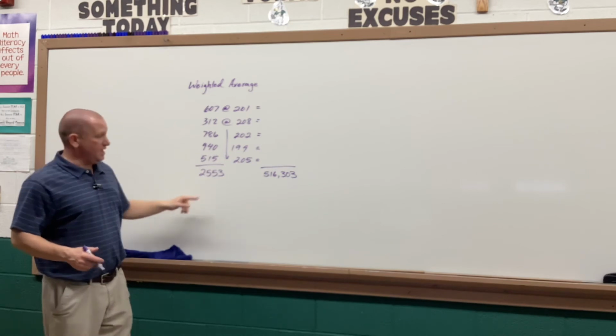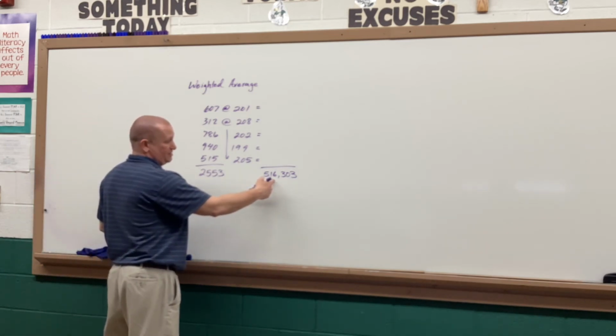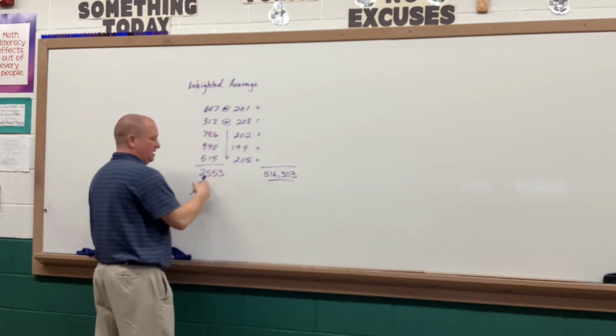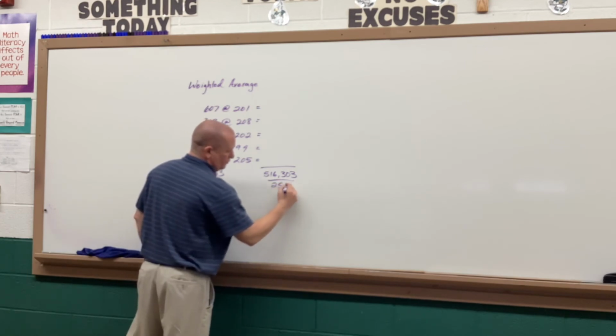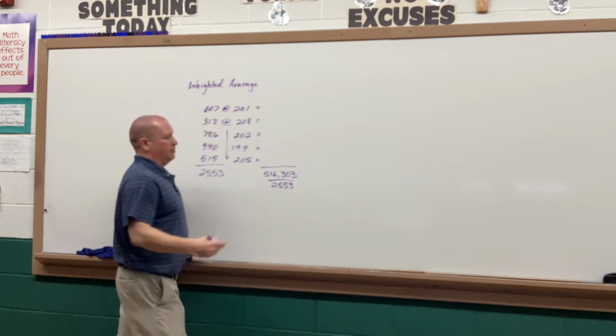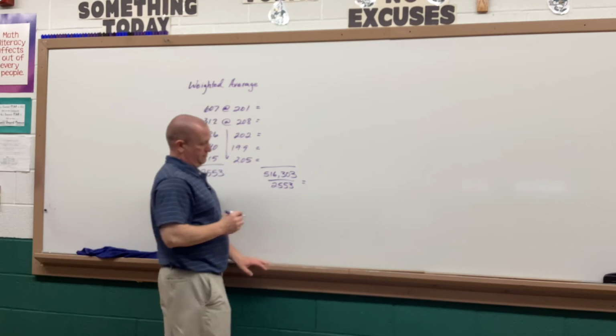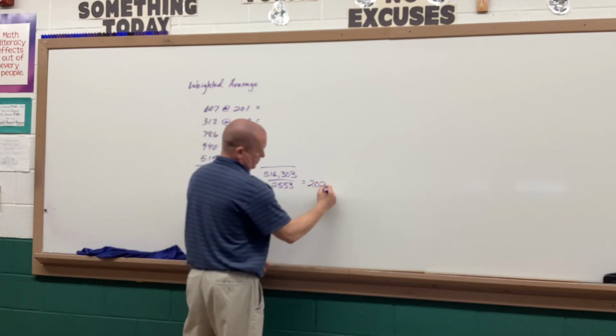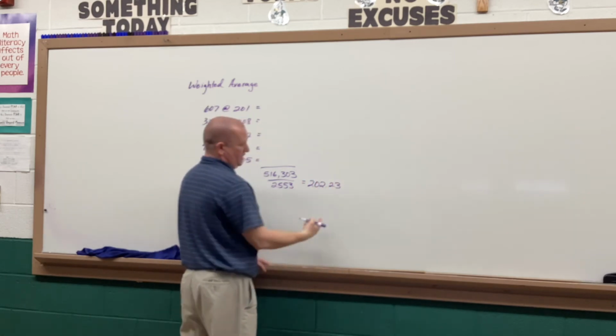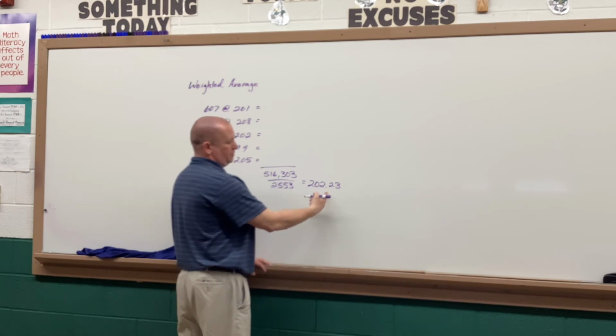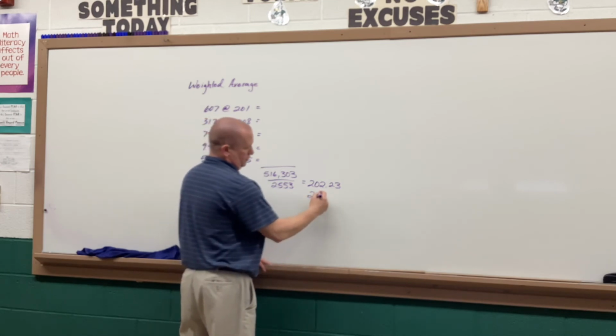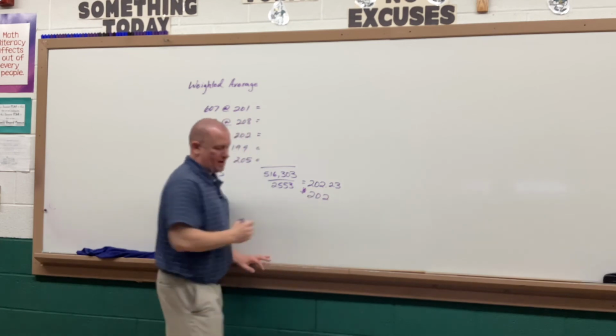Then we're going to take this 516 divided by the grand total of our inventory, which is 2,553, for a grand total of 202.23. So if we round this to the nearest dollar, we'd get just 202, right? It doesn't matter if it's up or down.